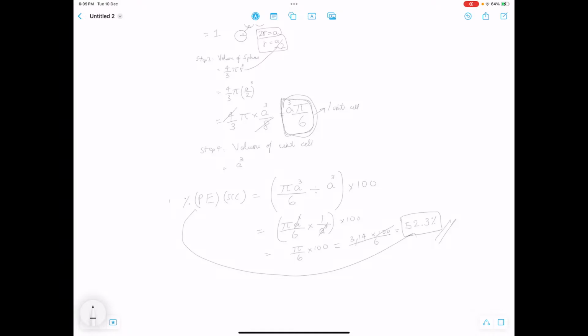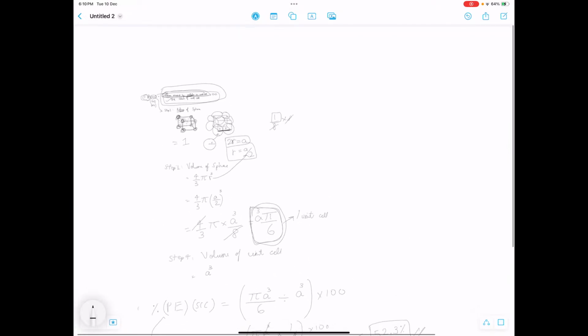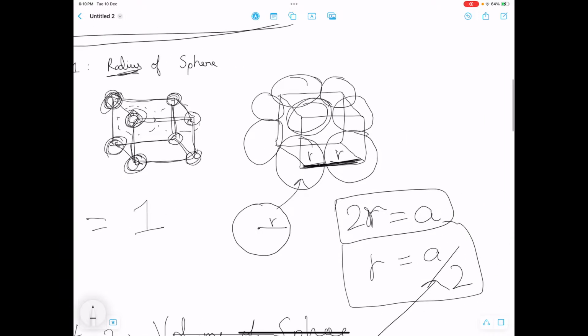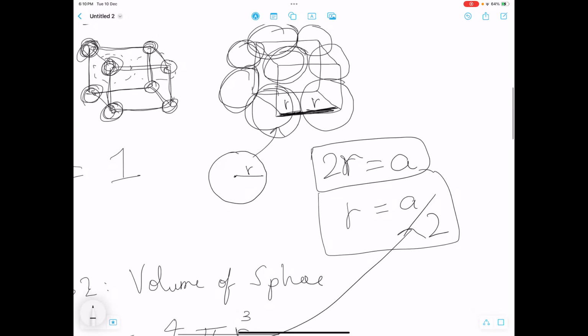So what does packing efficiency actually signify? It just means how much space is being occupied by these atoms or particles. Just like in a bus, suppose there are 24 seats and only 21 are full, then you can understand how full the bus is by seeing that 3 seats are left.